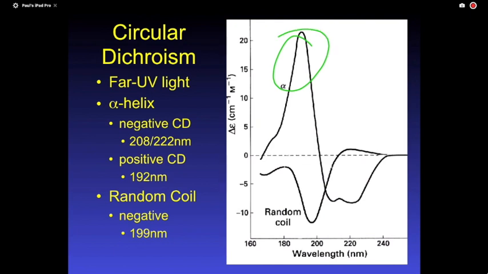No. What the article looked at was this region right here, which is looked at much more often. And so the double dip is what we were looking for versus no dip. And so you can look at any place on here, but most people look at that particular signal as the amount of alpha helix.